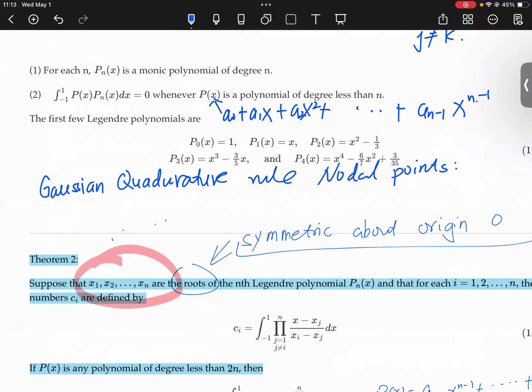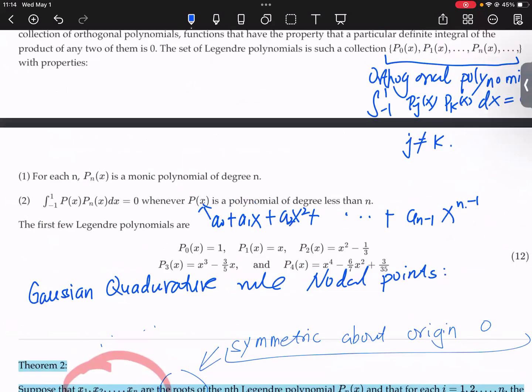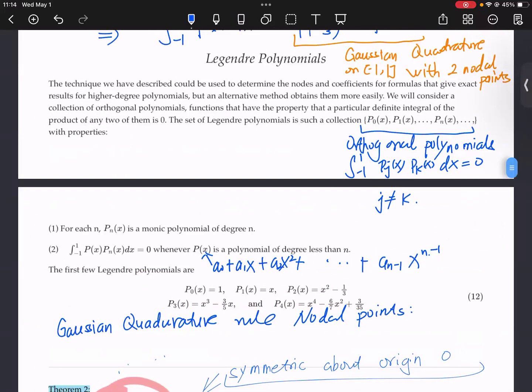Then we are still working on the standard interval, and we are going to approximate the integral of f(x) dx on -1 to 1. Everything I'm going to mention here is for the interval -1 to 1.